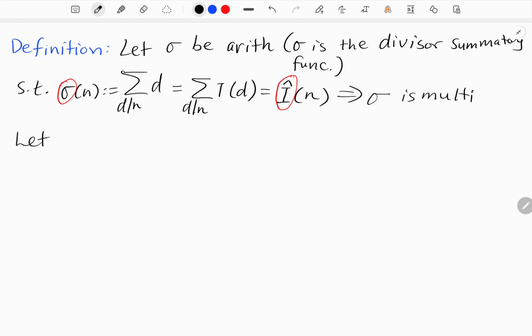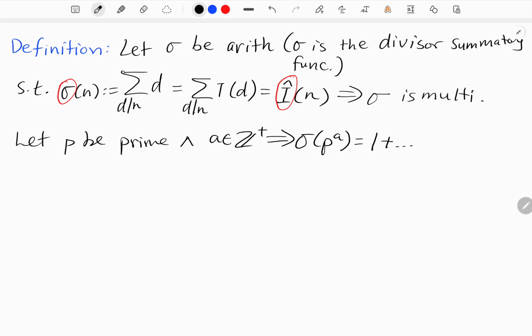Okay, now let's try to figure out what sigma of p to the a is. So let p be prime and a be a positive integer. Then this implies that sigma of p to the power of a is just equal to 1 plus p plus p squared plus all the way to p to the power of a. Okay, and this is a geometric series, right?